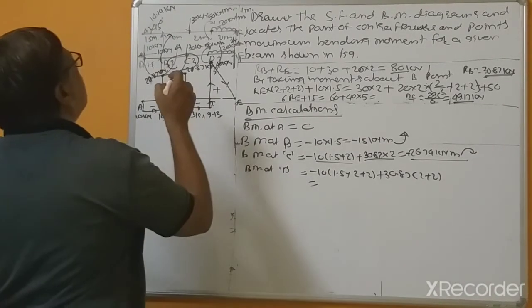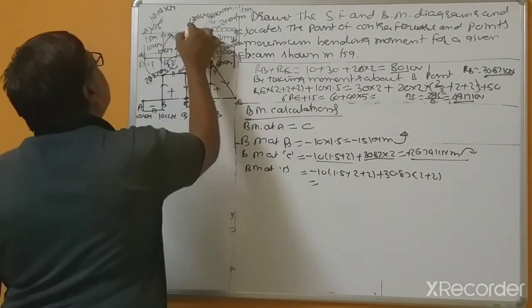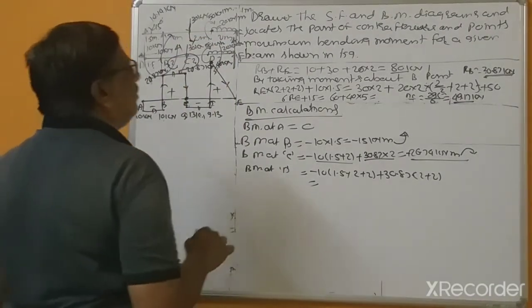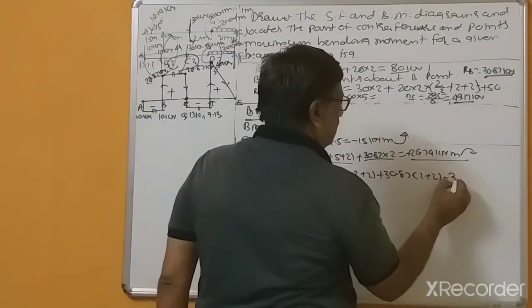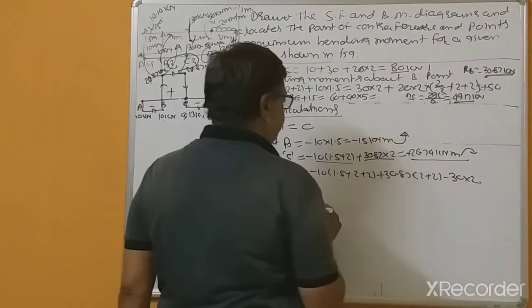Okay, because we are calculating at D point, this is moment. 30 minus 30 into 2.